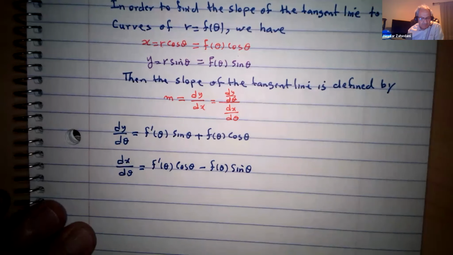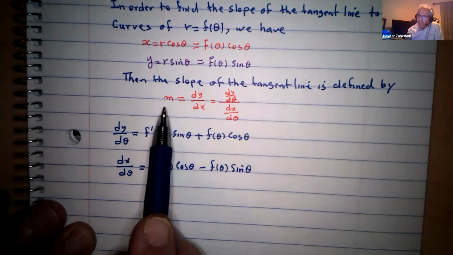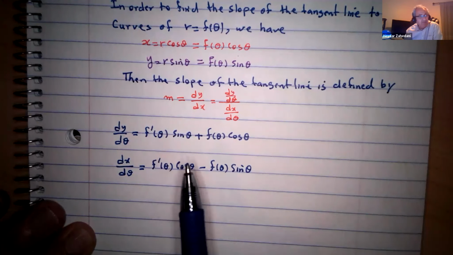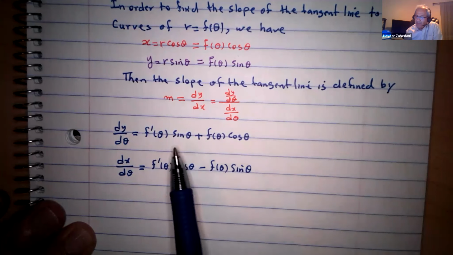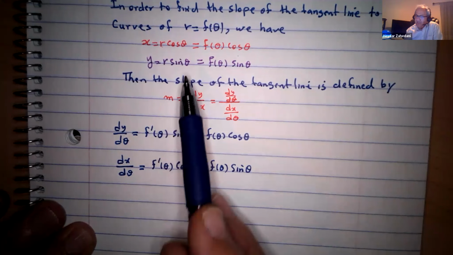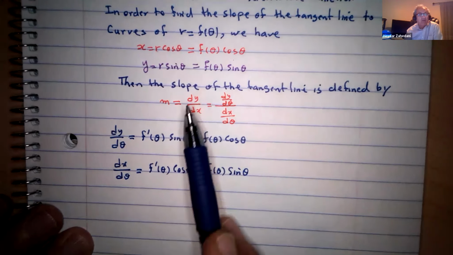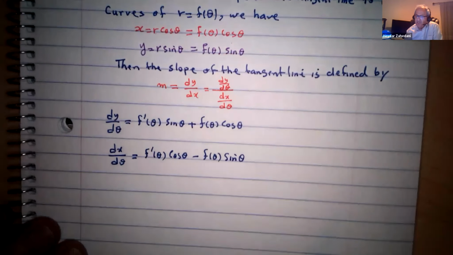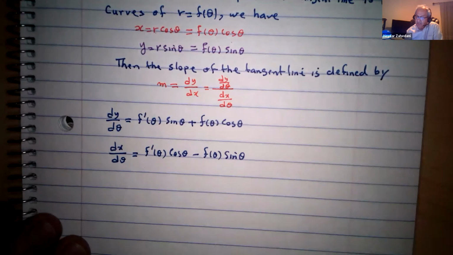You can keep the f prime, which is fine, or otherwise you know that r is f of theta, so f prime is r differentiated with respect to theta. It doesn't matter.